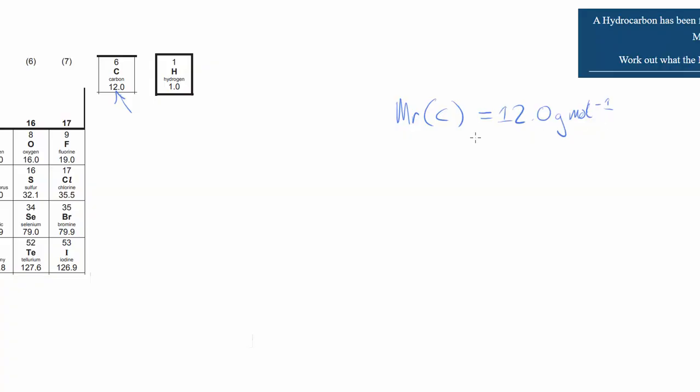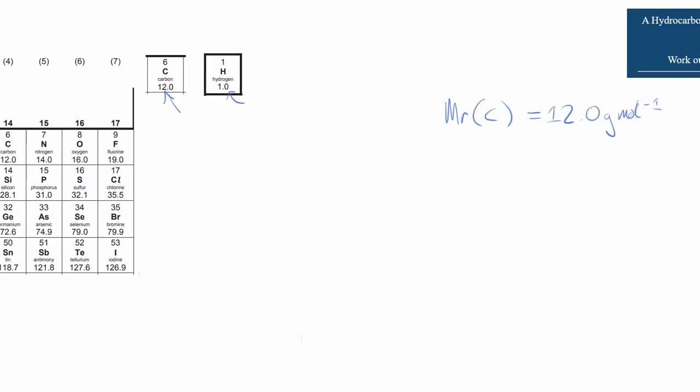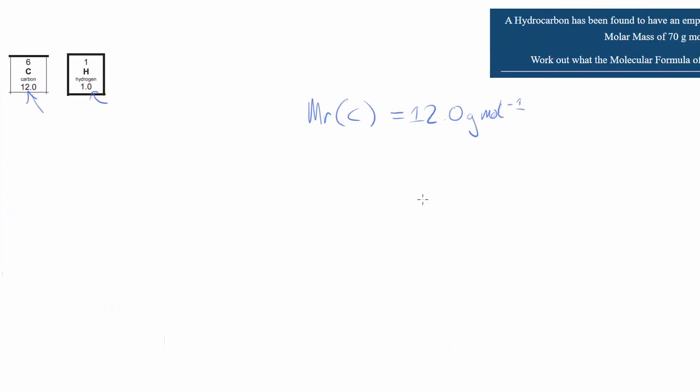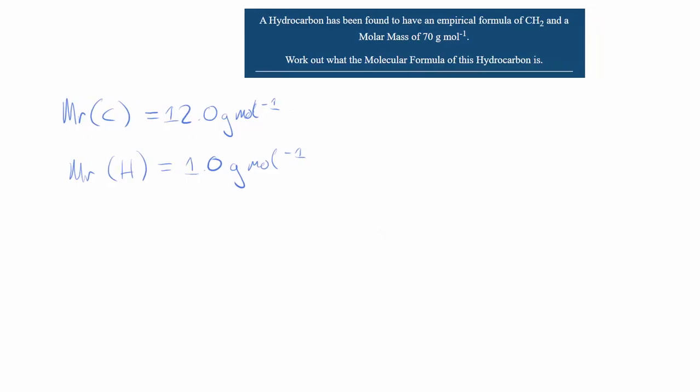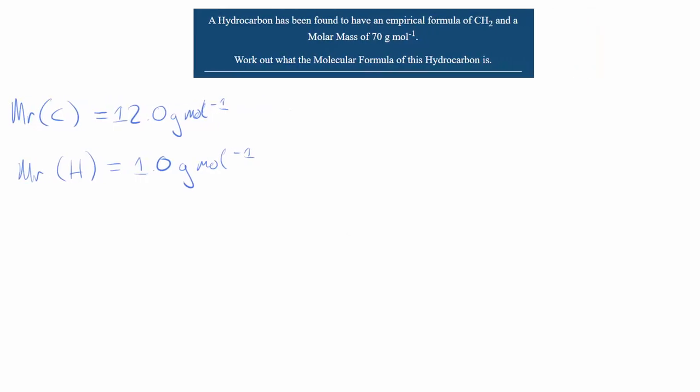And for hydrogen, we can see it's going to be 1, so the Mr of hydrogen is 1.0 grams per mole. As I said, you may well already know that, but I'm making sure my working is clear, in written form.